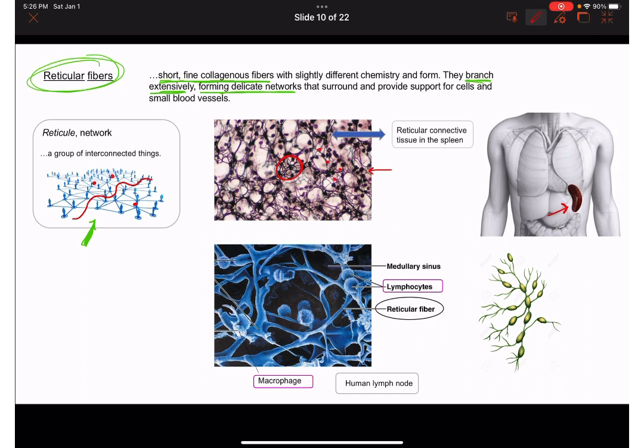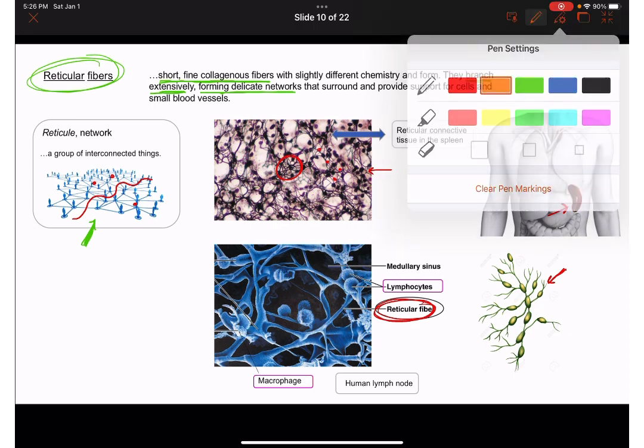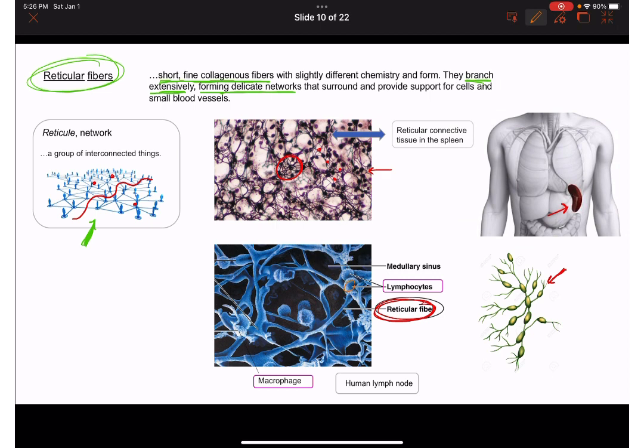And the same is true for lymph nodes. Lymph nodes have these networks of reticular fibers in them. And lymph nodes, like the spleen, have white blood cells that live in them. And you can see these white blood cells, lymphocytes, macrophages, they're basically just hanging out.